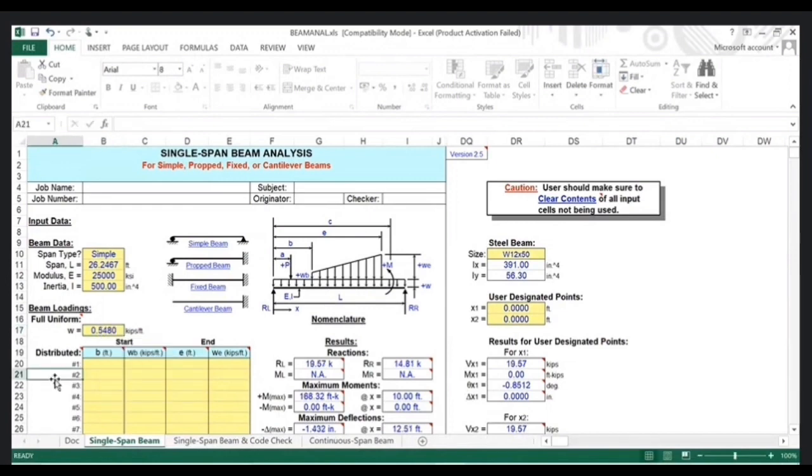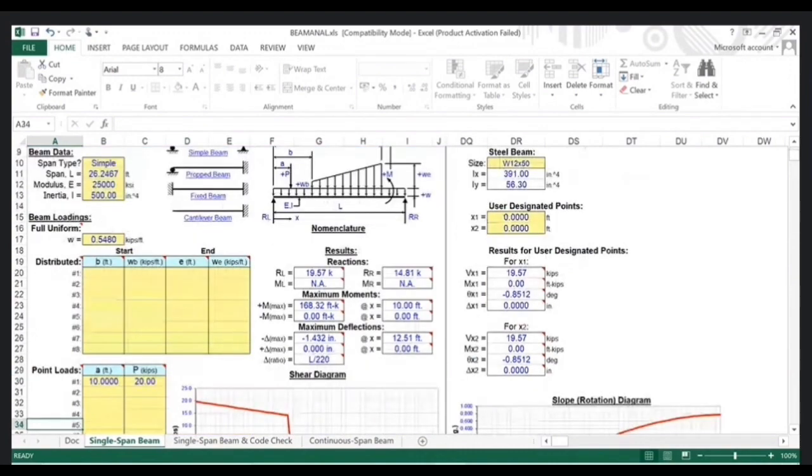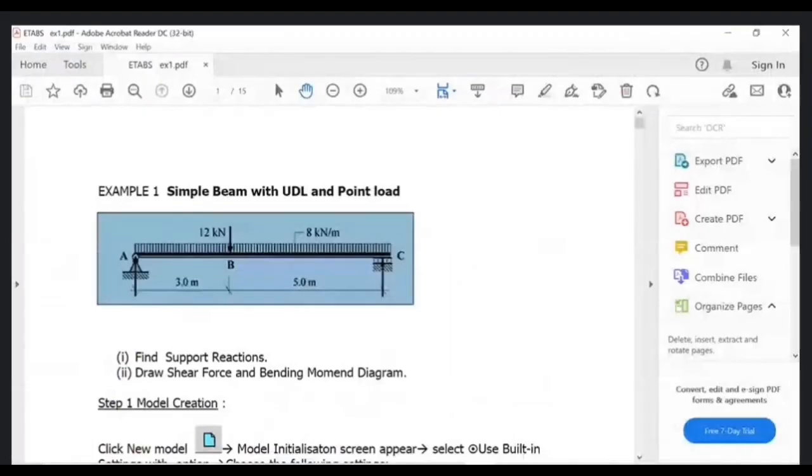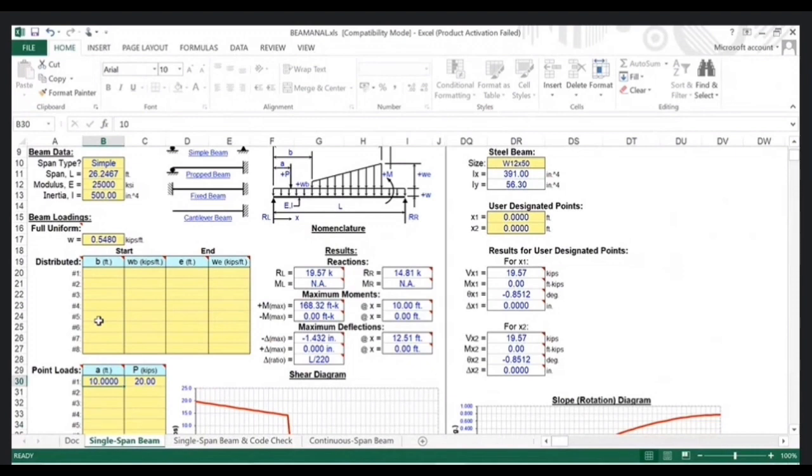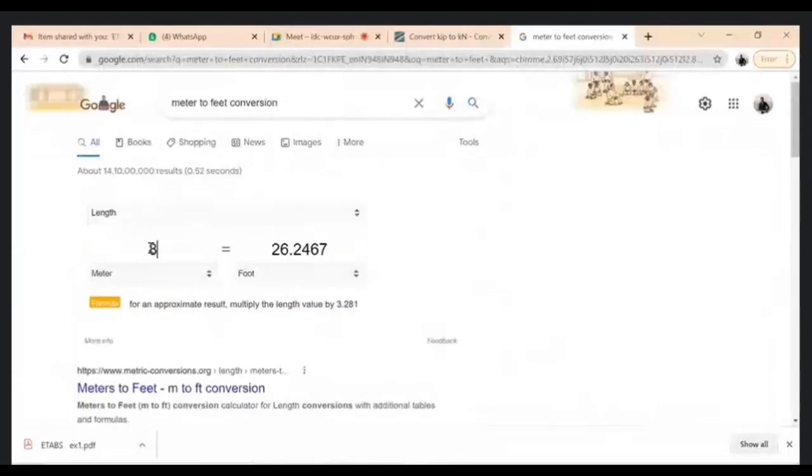Then in our beam there is a point load of 12 kilonewton. It starts from the left support, 3 meter apart. So firstly we have to put the distance A. Distance A from the left support is 3 meter. 3 meter converted into feet is 9.8425.